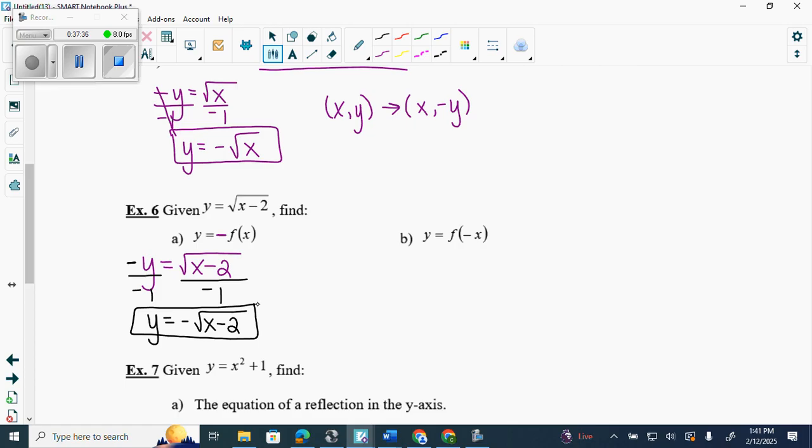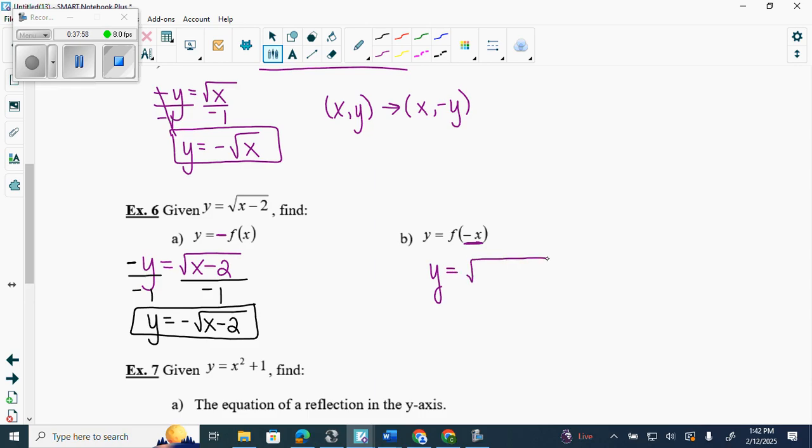Now what about this one with the negative x? It means I make every x what? Negative in the equation, correct? How many x's do I have in that equation? 1. So I'm going to make it negative. Y equals, the catch though is that you have to make it negative.